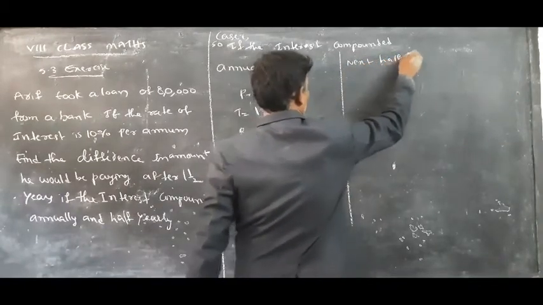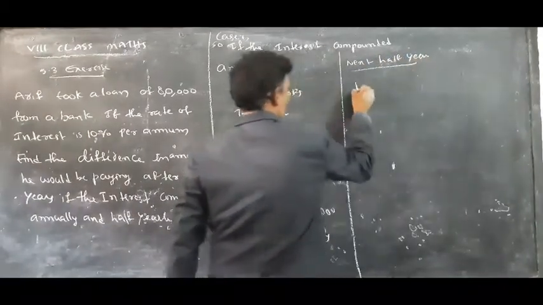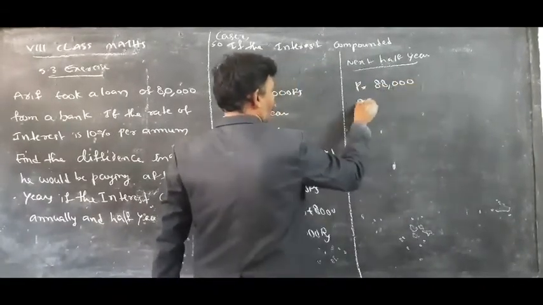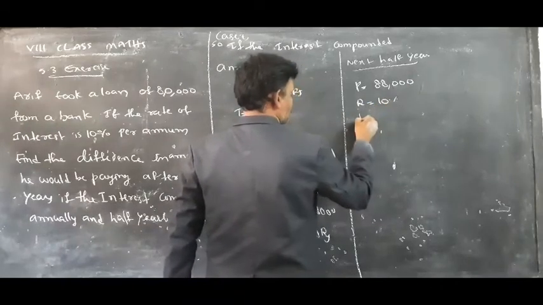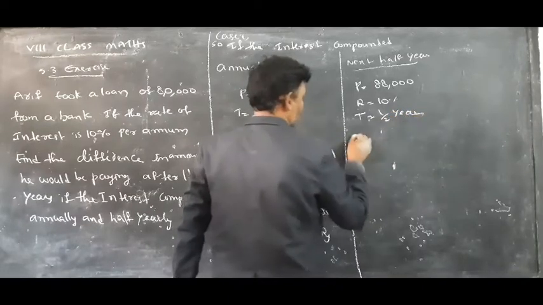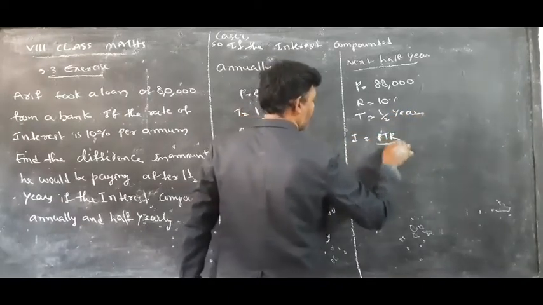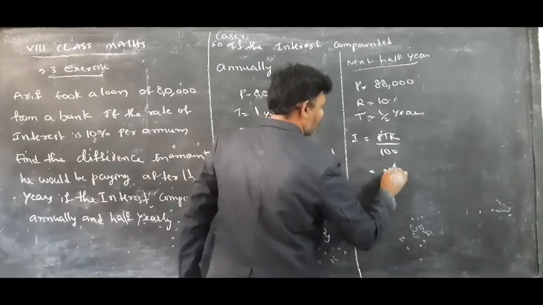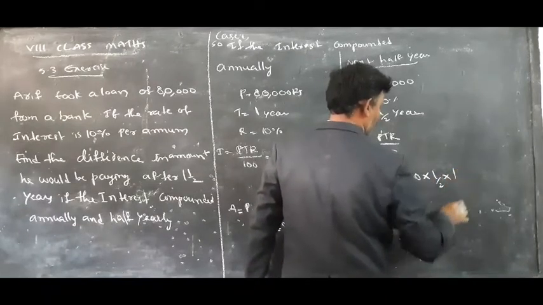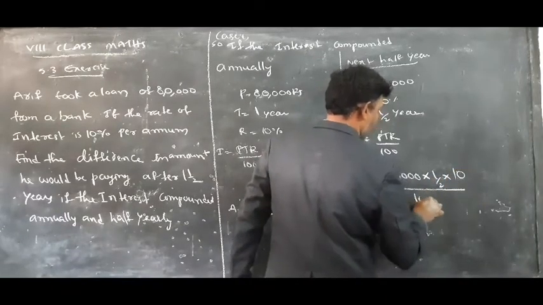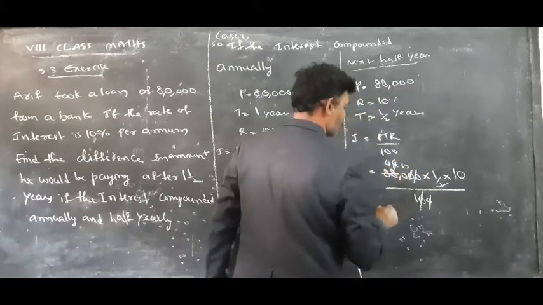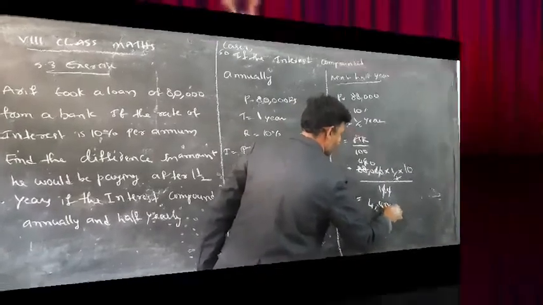Next half year: P is equal to 88,000, R is equal to 10%, and the time period is half year. I is equal to PTR by 100, which is 88,000 into half into 10 by 100. Zeros cancelled, so it is 4,400 rupees.